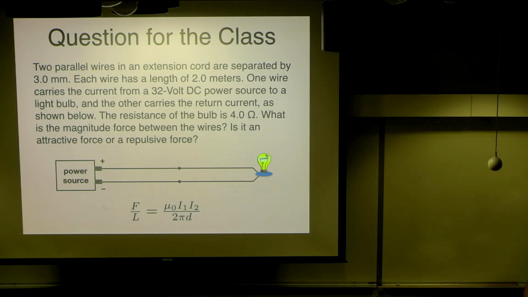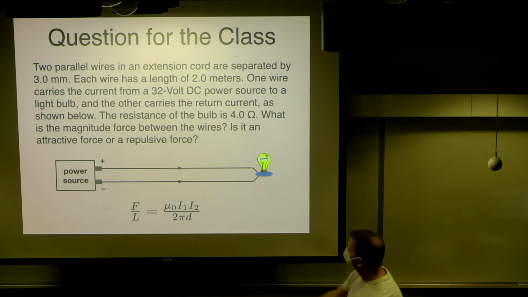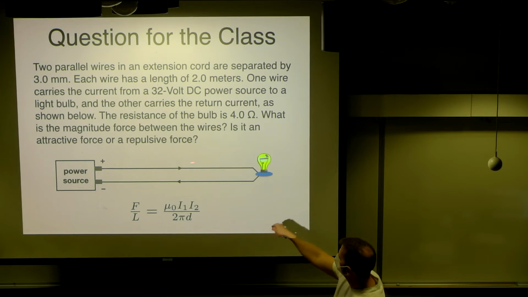So an extension cord has those two wires. So let's say that for this particular extension cord, the wires are separated by 3 millimeters, so 3 millimeters between them, okay? Each wire has a length of 2 meters, and the wire on the top carries current from our power source to this light bulb, and the other carries the current coming back to the power source.